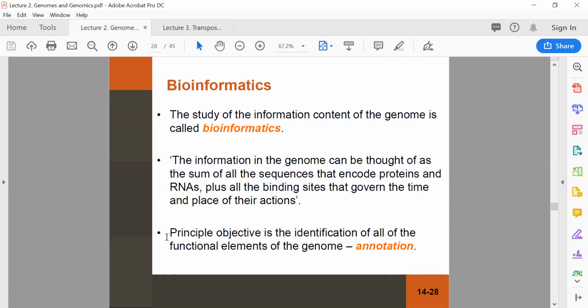And keep in mind that we are very, very far away from being able to read and understand this information in any one genome. There are some genomes that are relatively well annotated, and others that are really poorly annotated. So, for example, the model plant Arabidopsis, its genome has been studied extensively since it was first sequenced and is relatively well annotated.